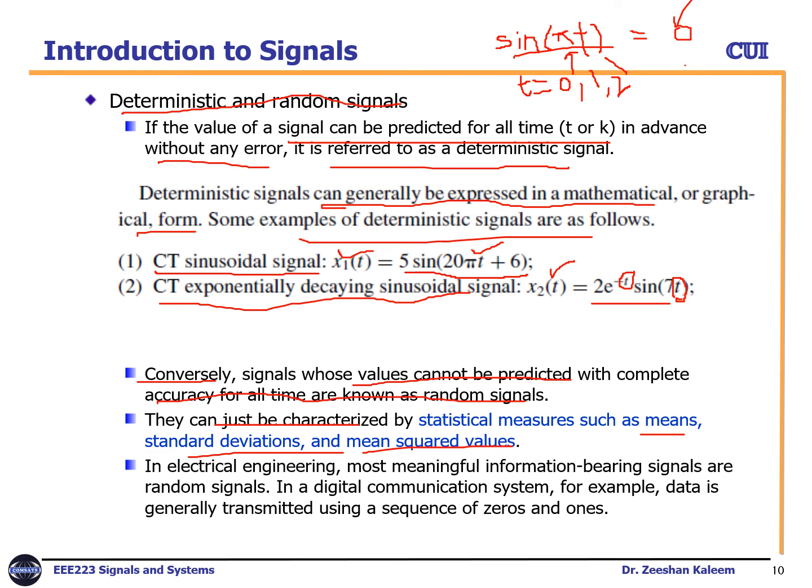But by using statistical measures such as mean, standard deviation and mean square value, we can calculate its randomness or its output, though it will not be exact as in deterministic signals. Here we can use probability density functions and so on. In electrical engineering, most meaningful information-bearing signals are random signals, as I mentioned a while ago. In a digital communication system, for example, data is generally transmitted using a sequence of zeros and ones.